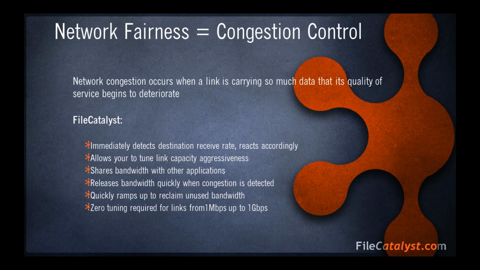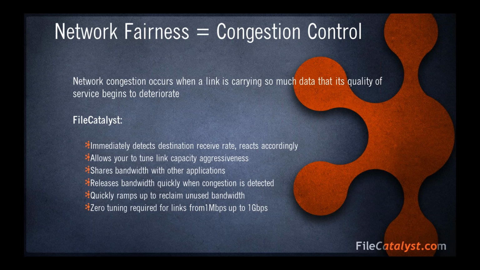So let's talk a little bit about congestion. Once there's a transmission online, we continuously listen to the feedback on that link and react very quickly to either speed up or slow down to allow other traffic through. On top of this, you have controls in our software where you can say how aggressively you want us to take over the bandwidth.